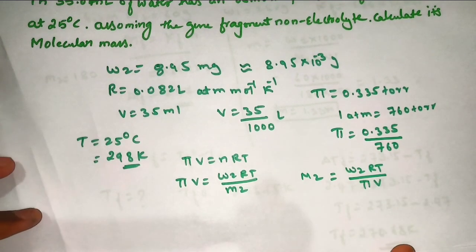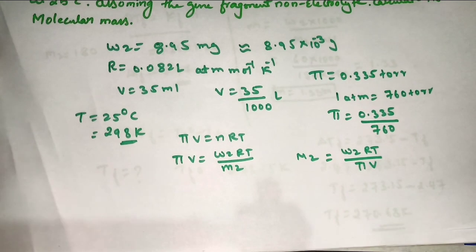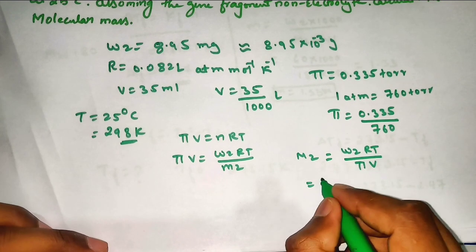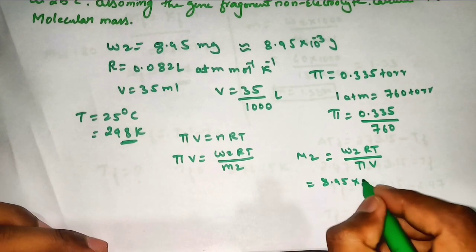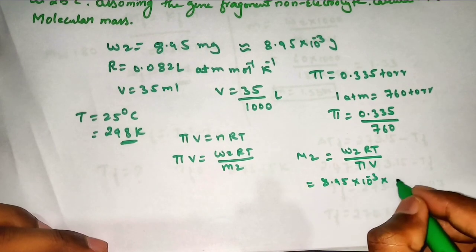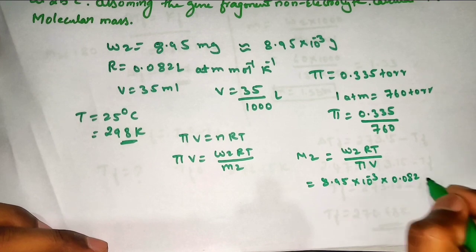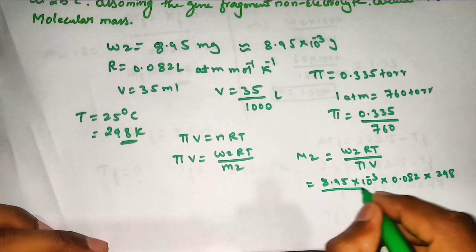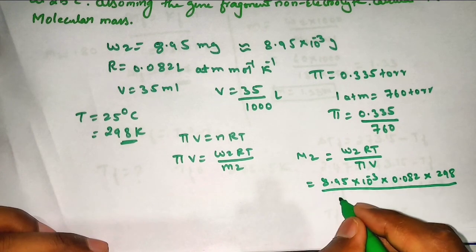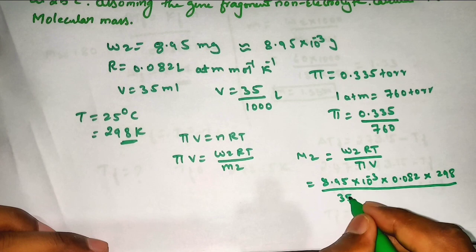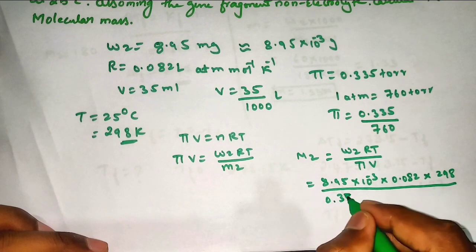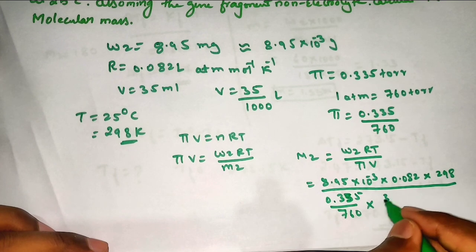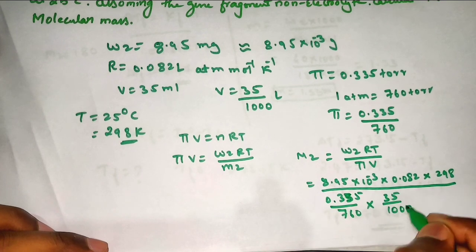Substitute all the given things, so that we will be getting W2, 8.95 into 10 to the power of minus 3 into 0.082 into T 298 upon 0.335 upon 760 into 35 upon 1000.